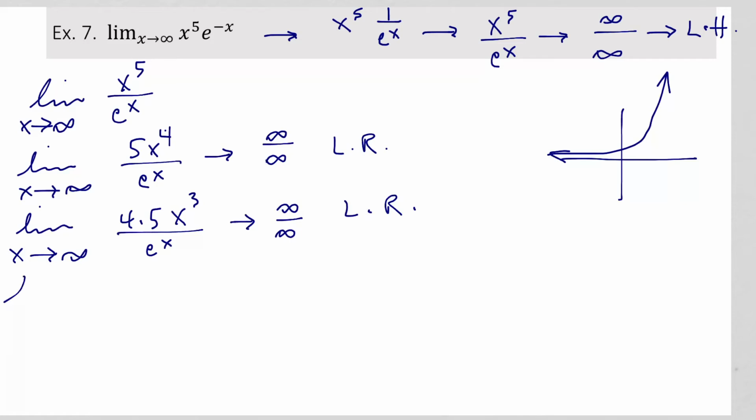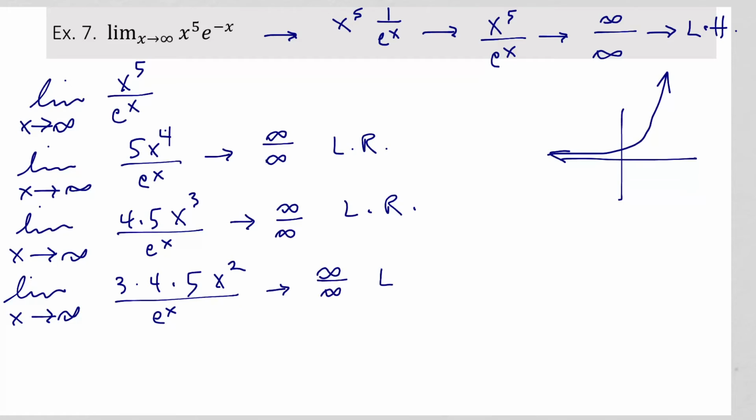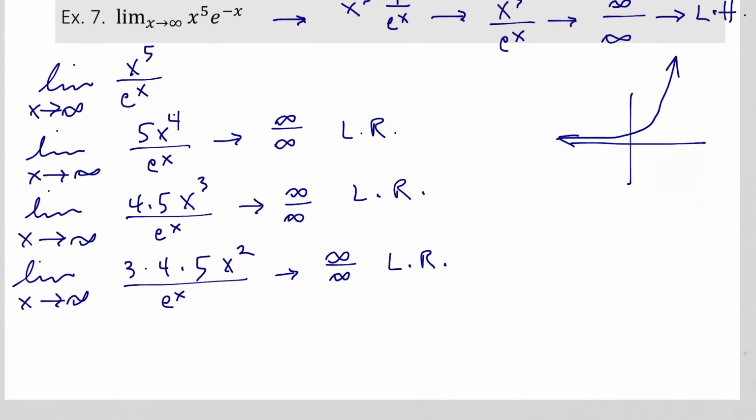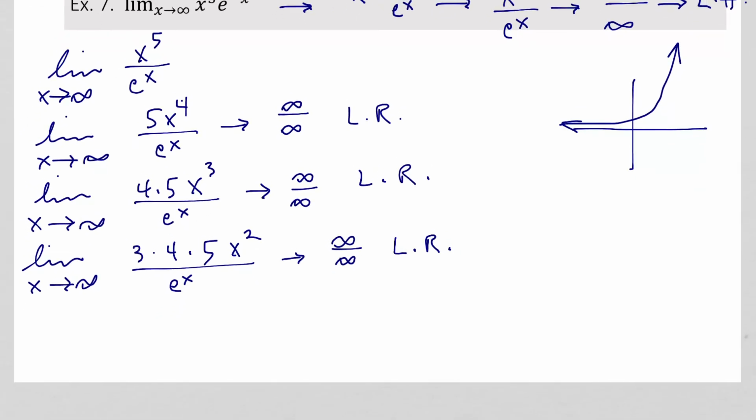So this is the same thing as the limit as x approaches infinity of 3 times 4 times 5, this time I'm down to x to the 2 over e to the x. Well, I've still got infinity over infinity, so I'm going to do it again. And you can keep going as long as what you arrive at when you take the derivative can still be evaluated using L'Hopital's rule another time.